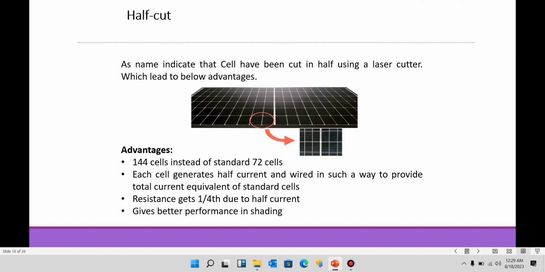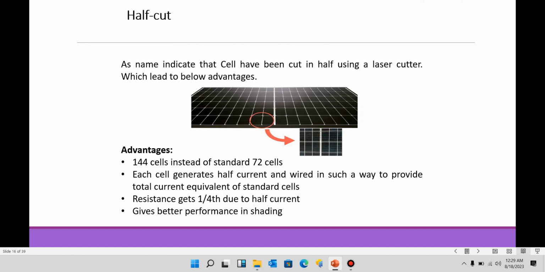Second we have is the half cut. As the name indicates, the cells have been cut in half using a laser cutter, which leads to the following advantages: 144 cells instead of 72 cells, and each cell generates half the current and is wired in such a way that the total current will be equal to the standard cell.